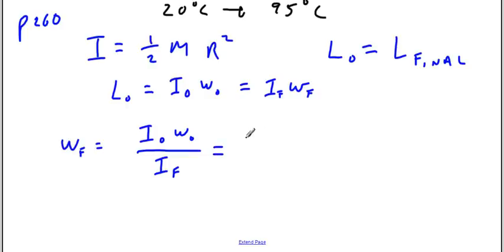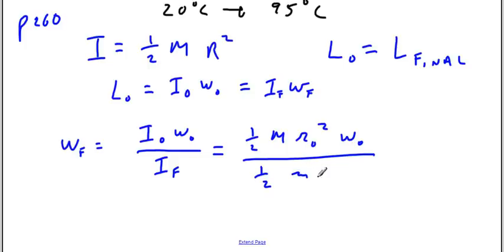We find that that's going to be 1/2 m r naught squared omega naught divided by 1/2 m r, the new r, which we haven't calculated, squared. We see that the masses go away, the 1/2s go away, and we have r naught squared omega naught divided by the final radius squared.